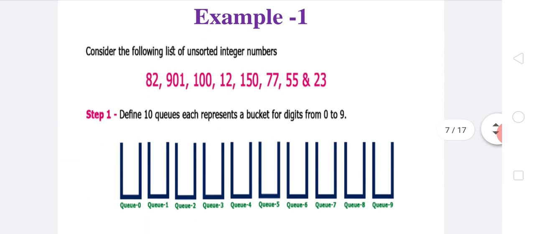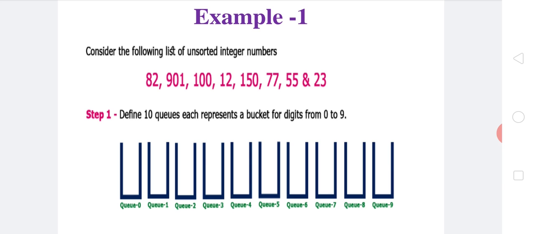Now we can see here the example of radix sort. Consider the list of unsorted integer numbers. See in the figure, the elements listed here. First element is 82, the second is 901, next is 100, then 12, 150, 77, 55 and 23.